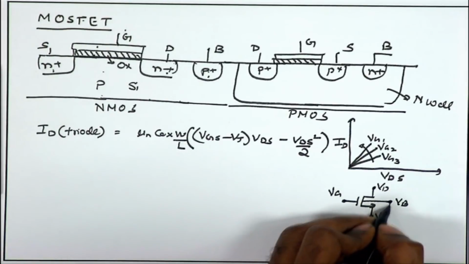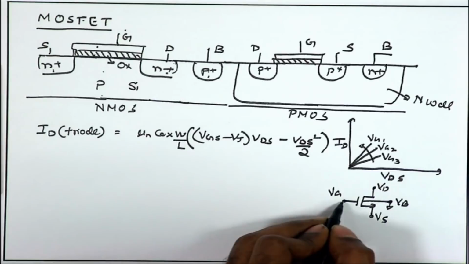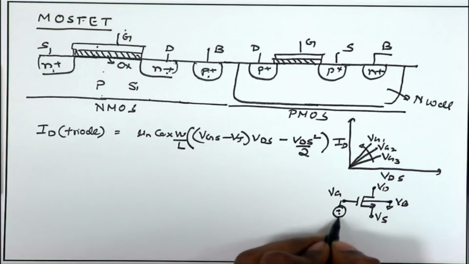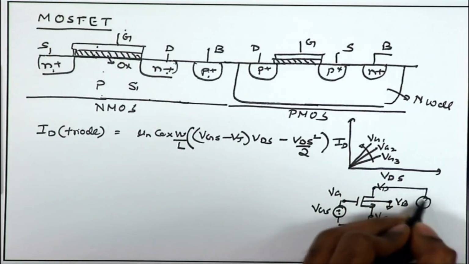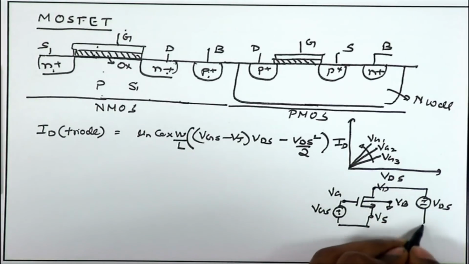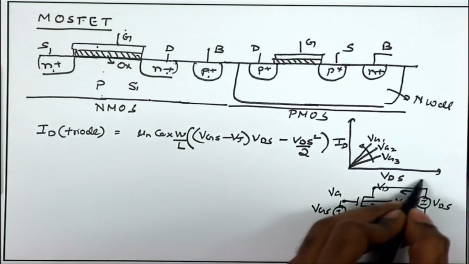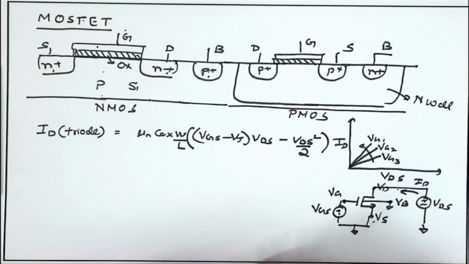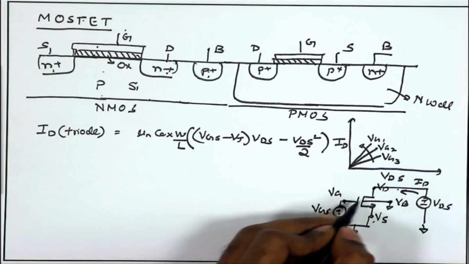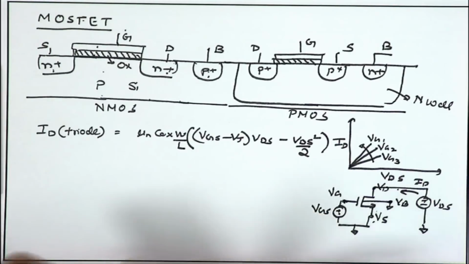Assuming that the body terminal is at a fixed point, here in the triode region, if you are applying a certain gate to source voltage, call it VGS, and then applying a particular drain to source voltage, call it VDS, the resultant drain current is strongly dependent upon both the voltages, gate to source as well as drain to source. Therefore, the current through the MOSFET is being controlled by 3 terminals, and therefore, we can say it is a triode region operation of the device.